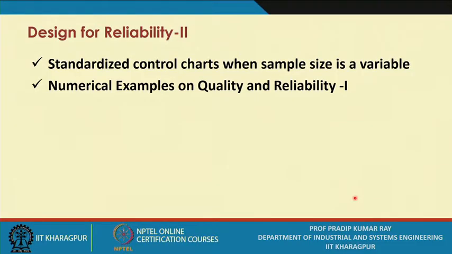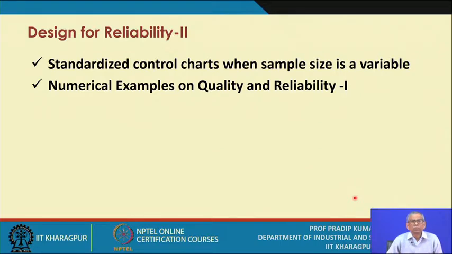I feel that at this stage, if we discuss a number of numerical problems, your understanding will be better. So from this perspective, I have planned that the next 3 sessions will be explicitly devoted to a few typical numerical problems on both quality and reliability.